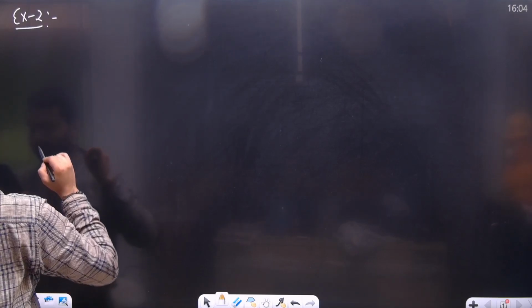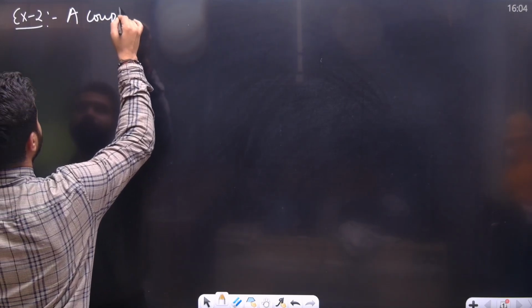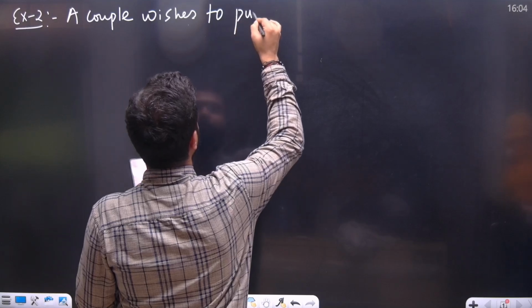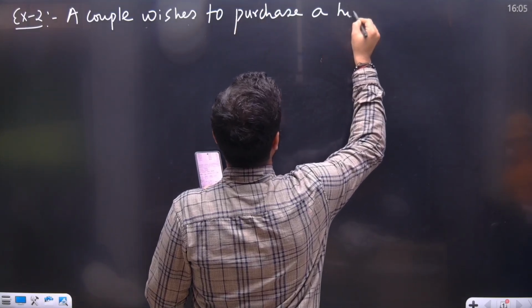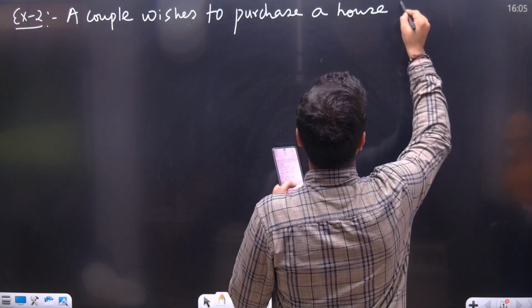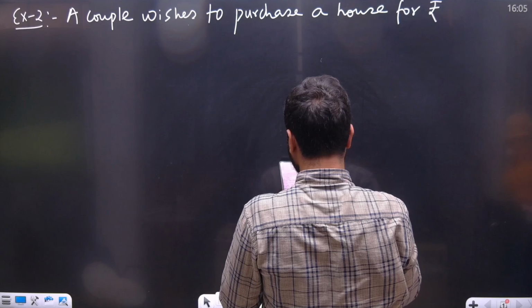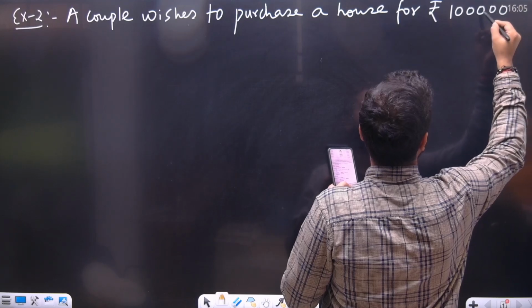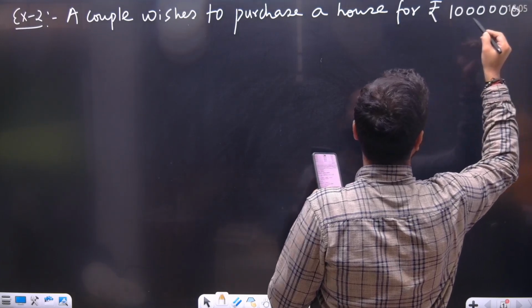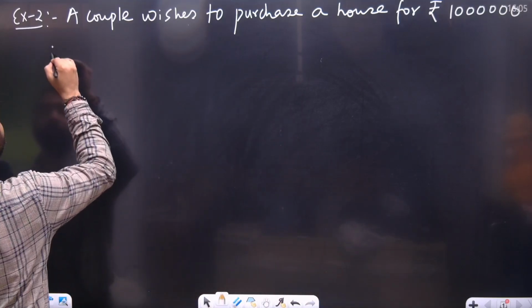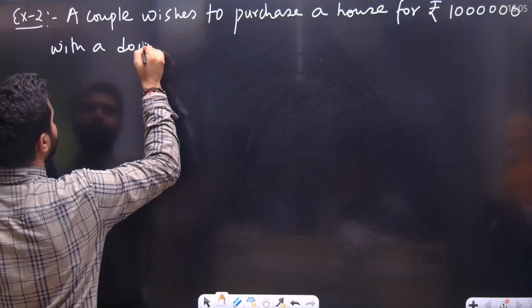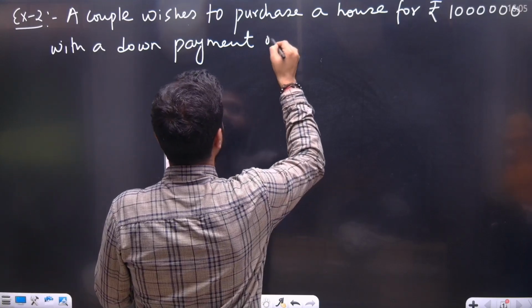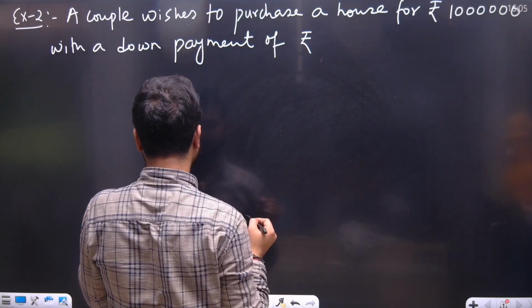A couple wishes to purchase a house for rupees 10 lakh, with a down payment of rupees 2 lakh.